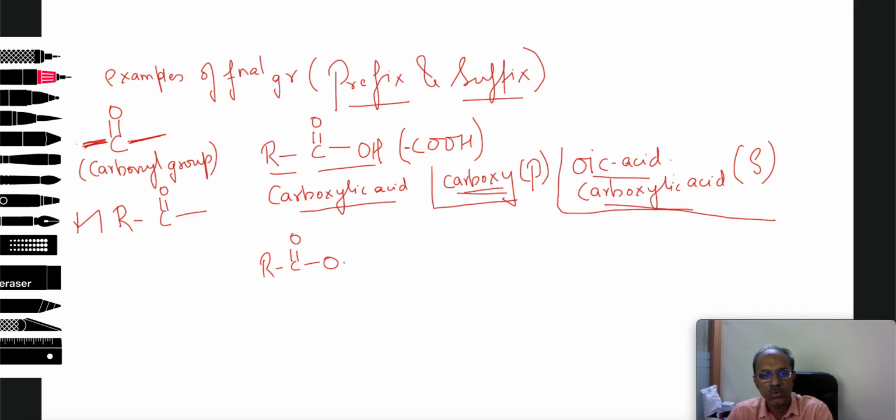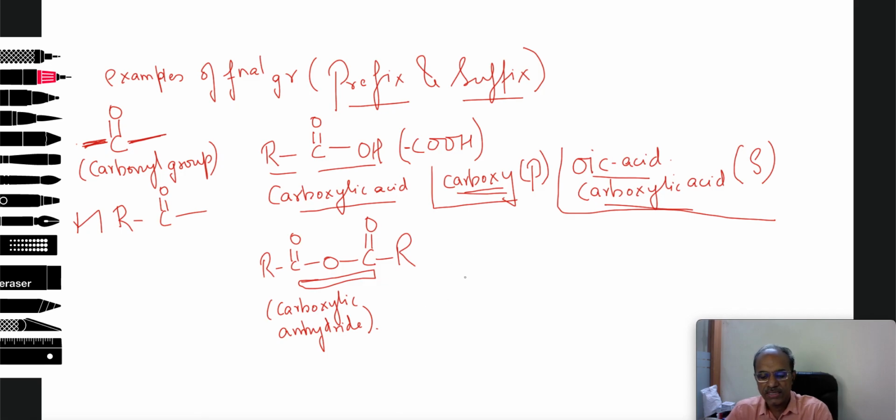Now here O, instead of H, C double bond O, R. This is known as carboxylic anhydride.